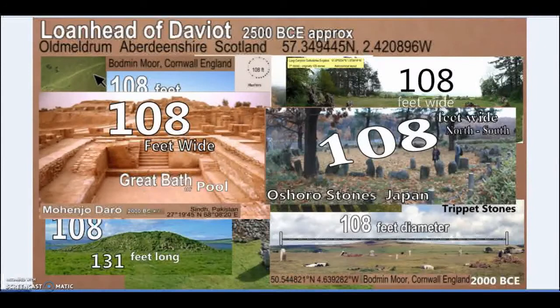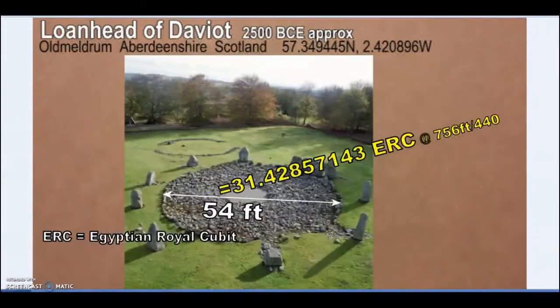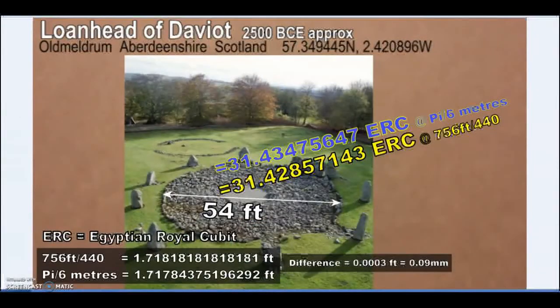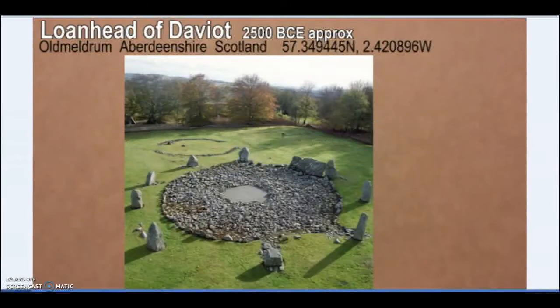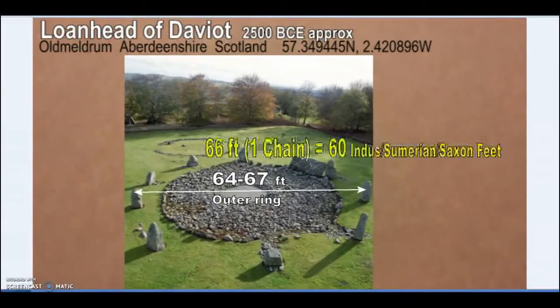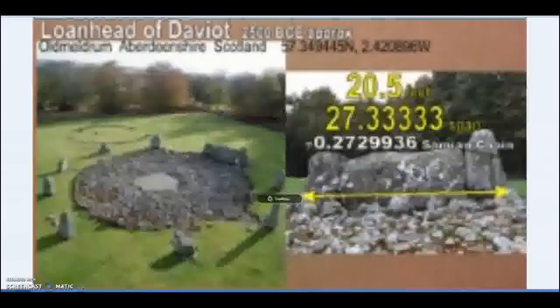It's a stone circle. There are two stone circles, 105 feet the smaller, 108 feet the larger. Many examples of these stone circles, and how they just seem to all come back to these very same beautiful, very important points.